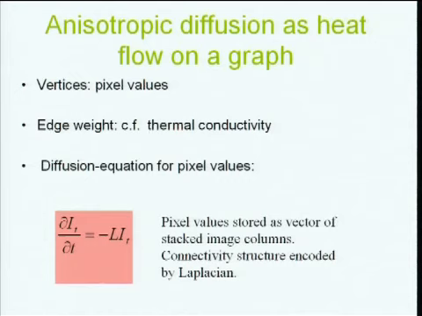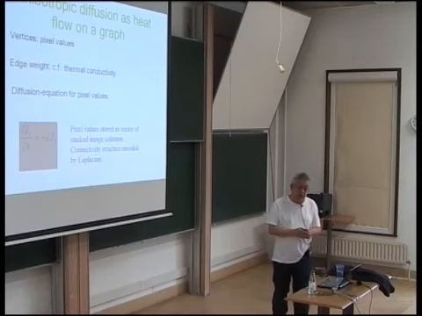What we do is we encode the pixel grayscale values in the image as a long vector, and then evolve the components of that long vector using the heat equation here. So dI/dt is minus L, the Laplacian matrix, times I. And so the pixel values are stored as a long vector, and the connectivity structure and weight structure of the pixel lattice is encoded using a Laplacian matrix.